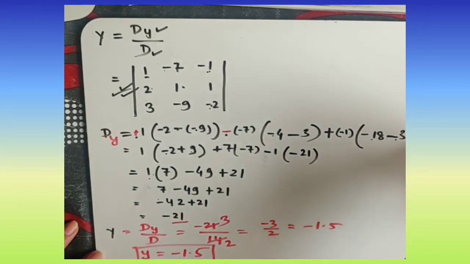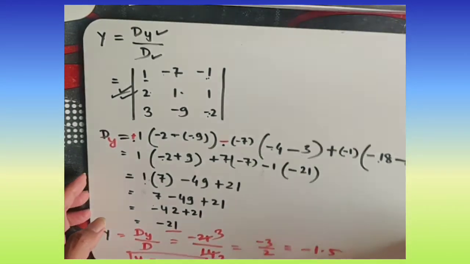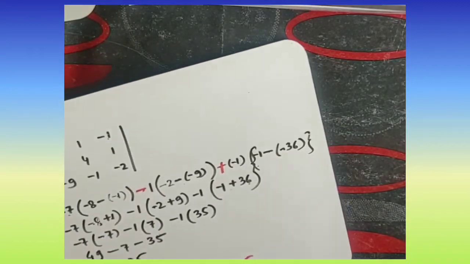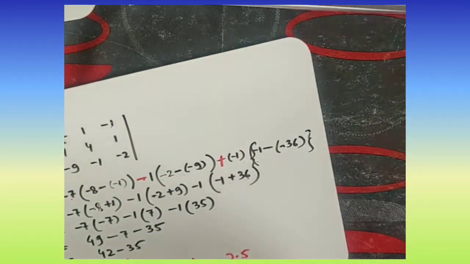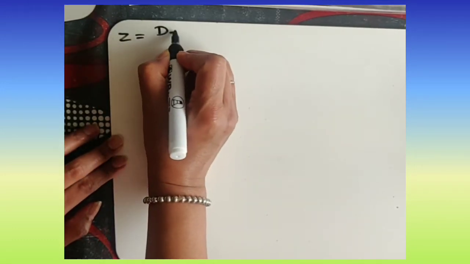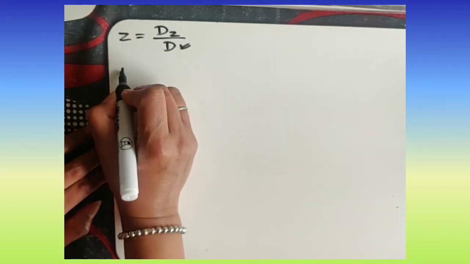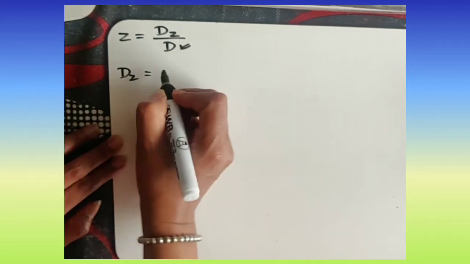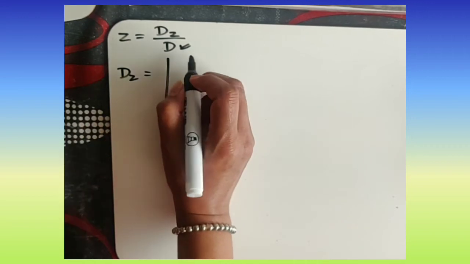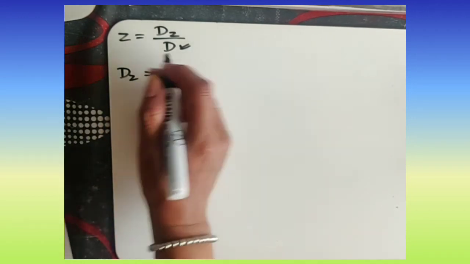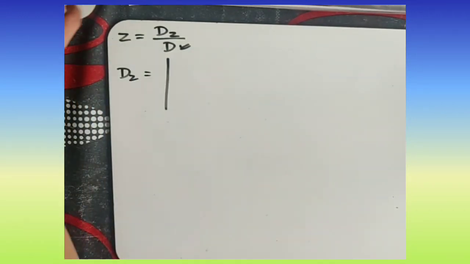In the same way we will find out the value of z. So value of z equal to determinant of coefficient of z over d, which is 14. So we are going to find out the determinant of z here, the same way.